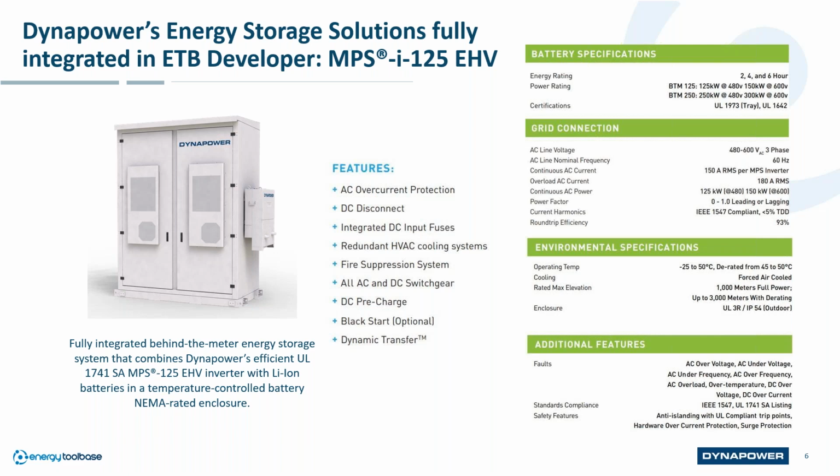The DC precharge circuit is included in this package. It's optional for the inverter, so you can have your own precharge circuit if you're just buying the inverter, but for this integrated system, it's included. Now this data sheet that is shown on this slide says Black Start is optional. It's no longer optional. It comes free, no extra charge.